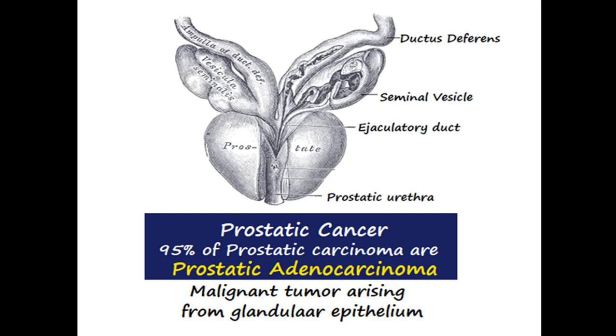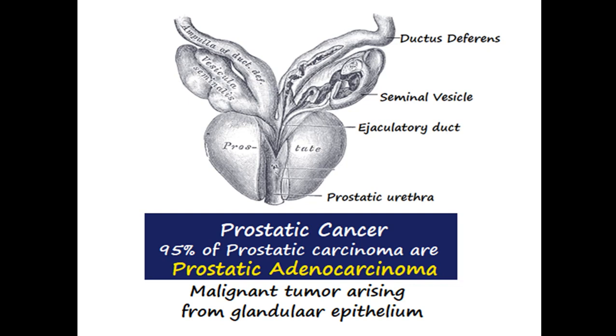As I said, it is the most common type of prostate cancer; 95% of prostate cancers are prostatic adenocarcinomas. So adenocarcinoma is the malignant tumor that arises from the glandular epithelium of the prostate gland.